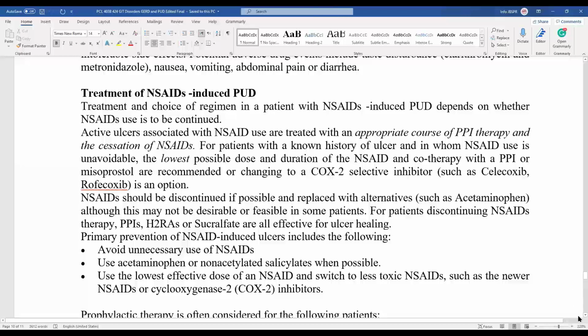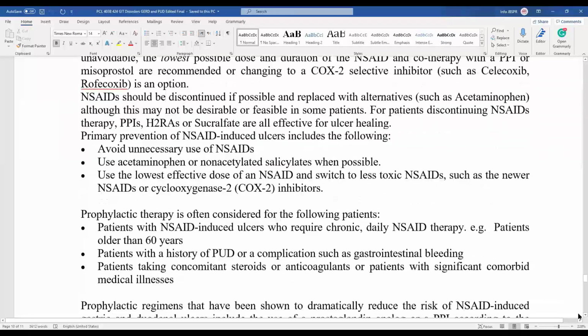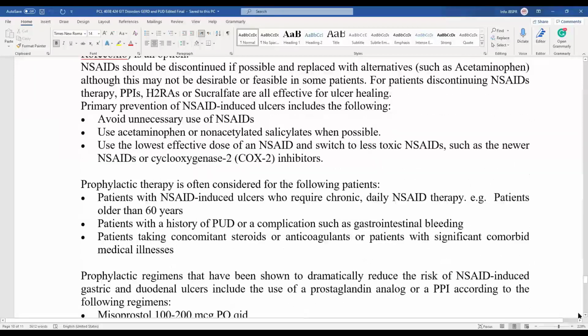If possible, if acetaminophen, that is paracetamol, can be used in place of NSAID, the better. But if not, they may need to use the lowest dose, or give the COX-2 inhibitors.